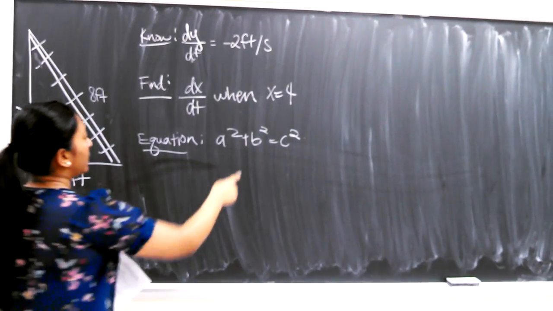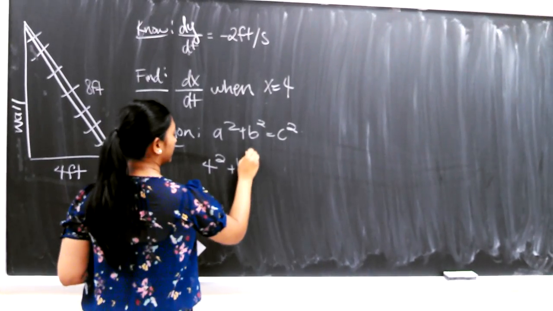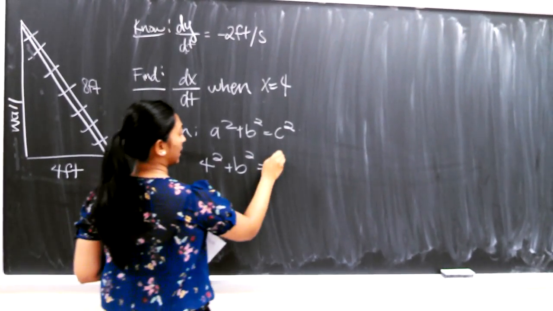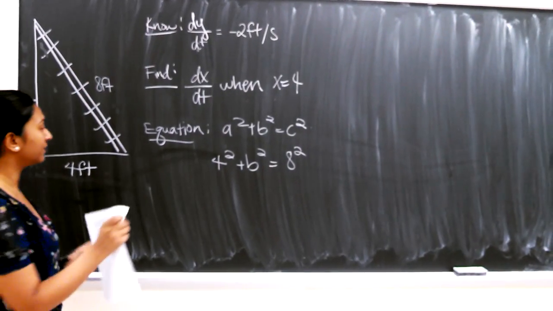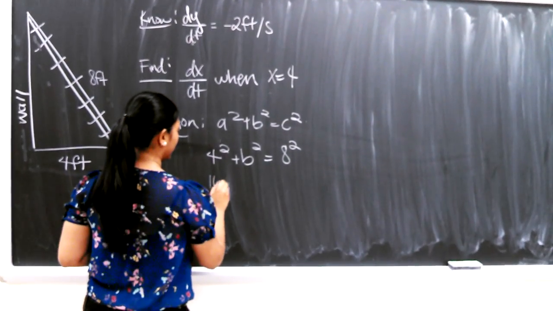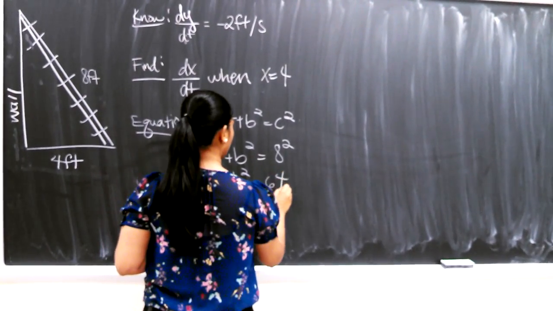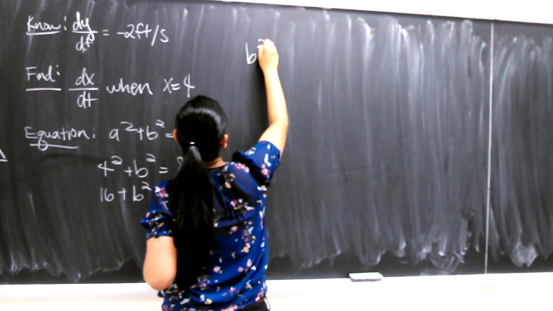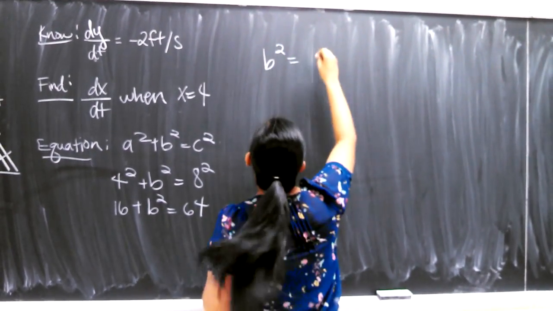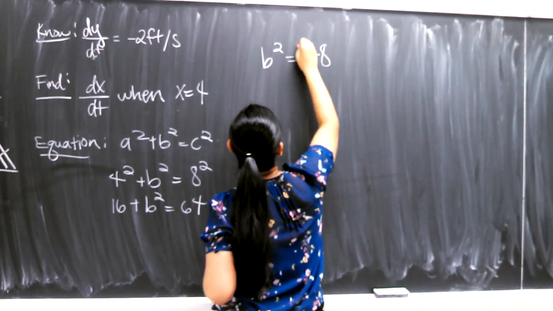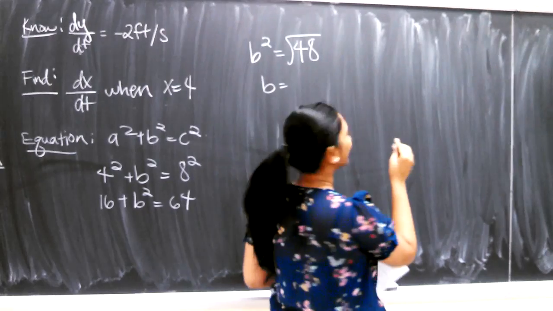Since we already know what x is, we should plug that in. 4 squared plus b squared equals the square of the ladder length, 8 squared. So 4 squared is 16, and b squared equals 48. B equals 6.92.